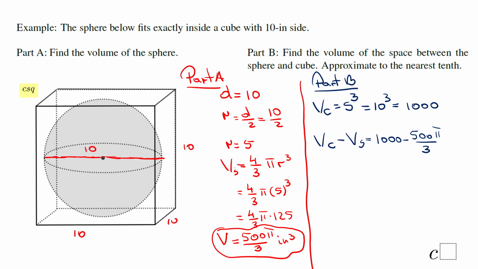I end up with 1000 minus 523.58333. So I use 3.14 for pi.